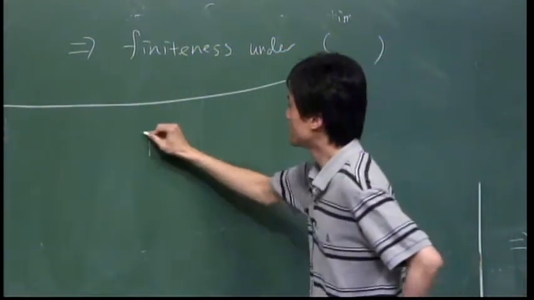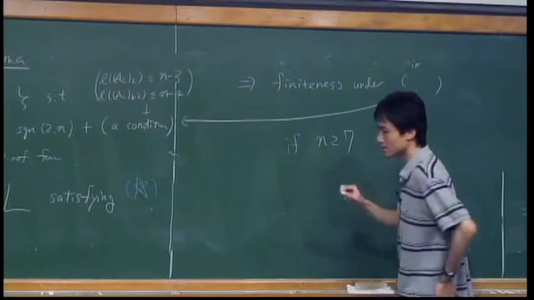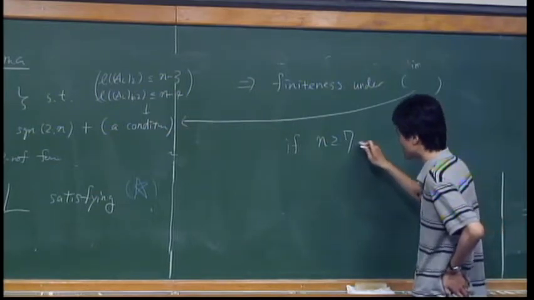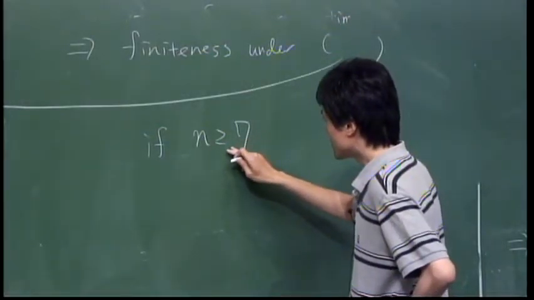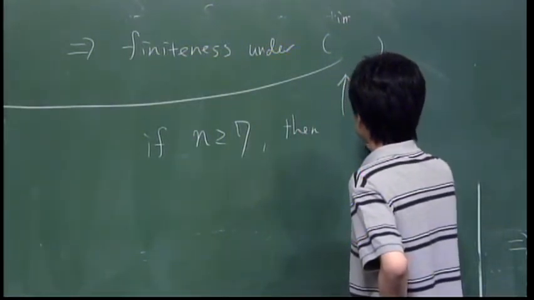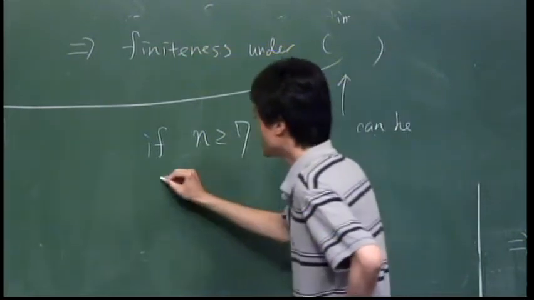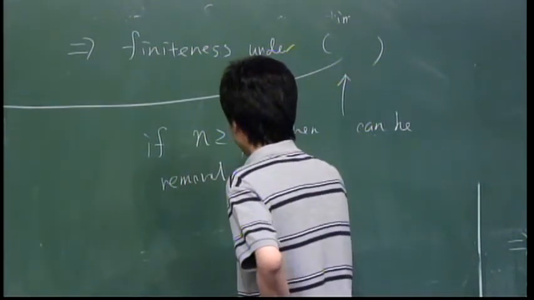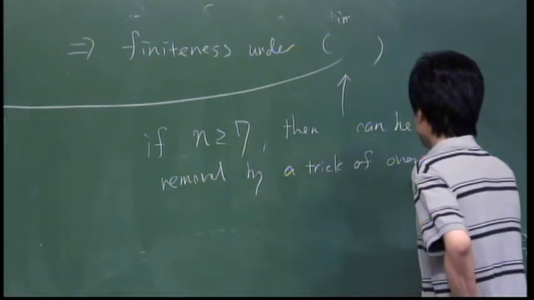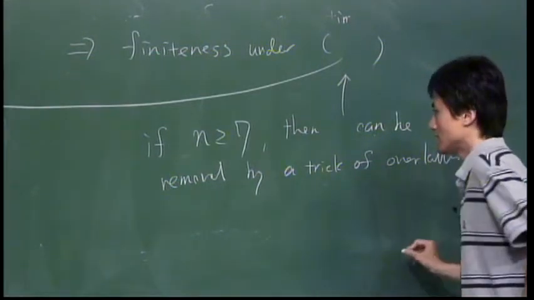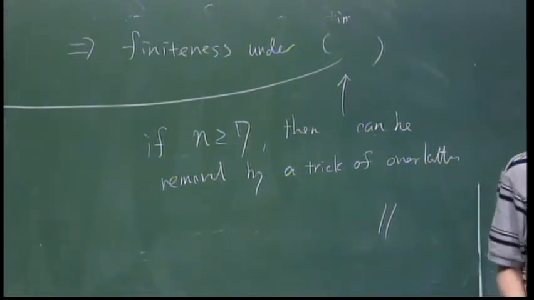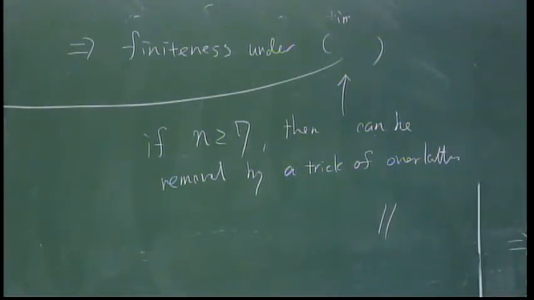And if n is larger than or equal to 7, then this condition can be removed by a trick over the lattice. So this is the proof of the finiteness at fixed n. So I have finished. Thank you very much.